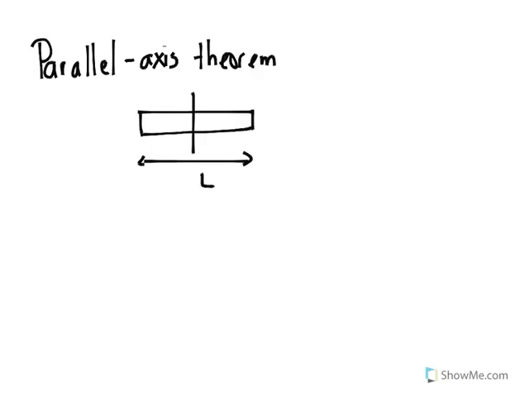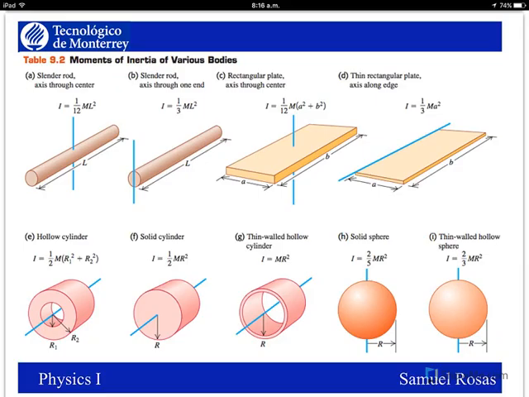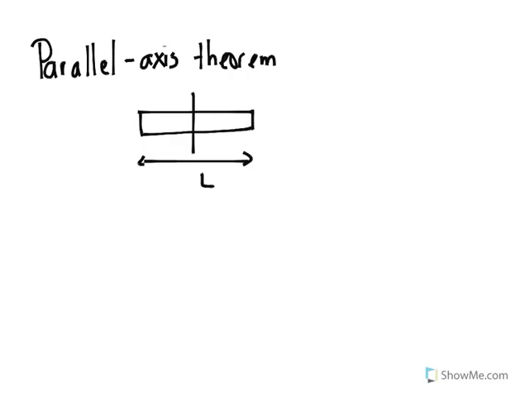So if we have the slender rod, that's case A, of length L, the moment of inertia is 1/12 of mass times length squared.